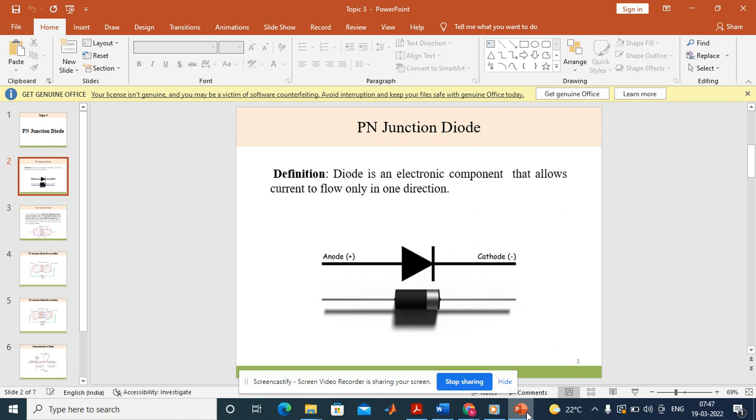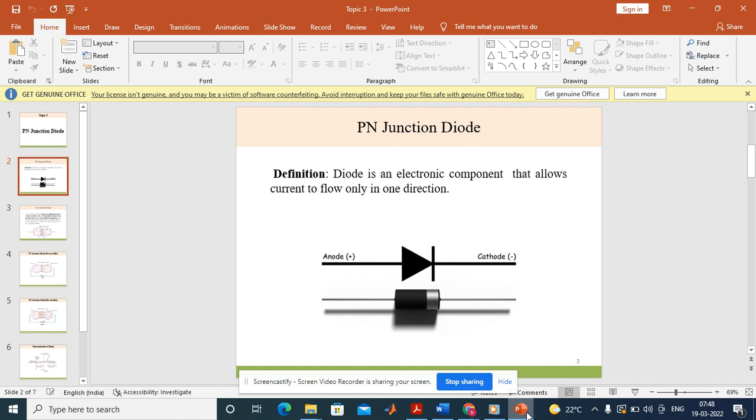A diode is an electronic component, an active device that allows current to flow only in one direction. This is how physically a diode looks like. It's a two-terminal device, and its two terminals are known as anode and cathode.